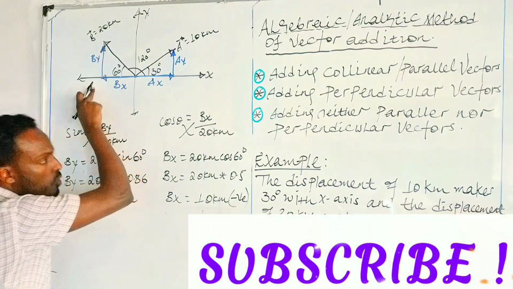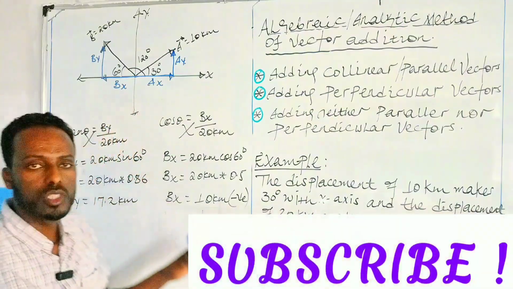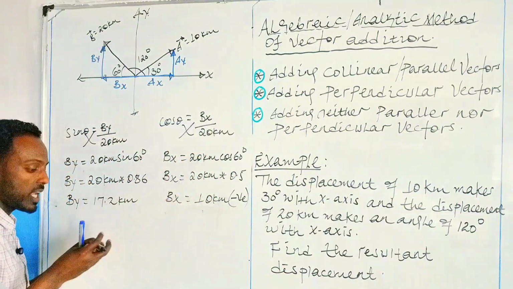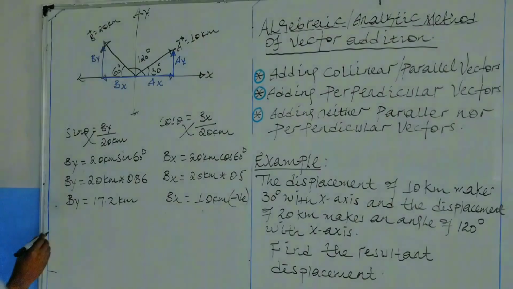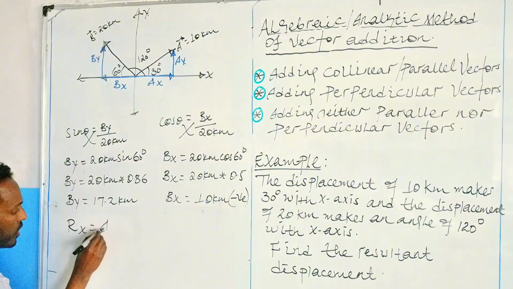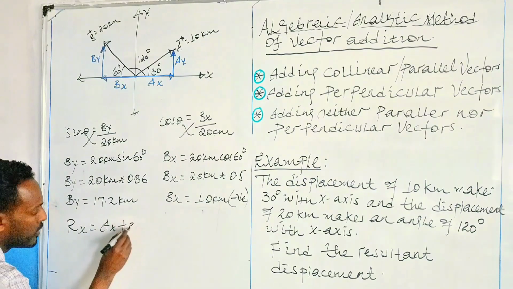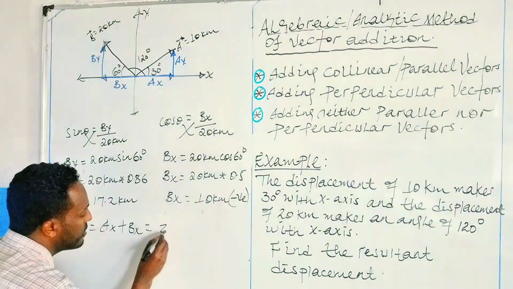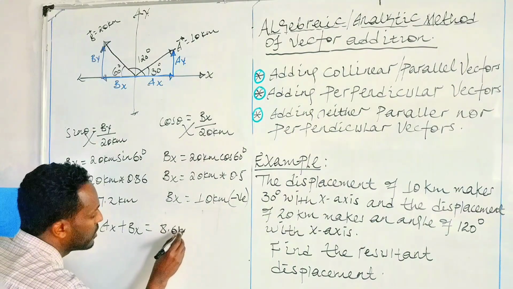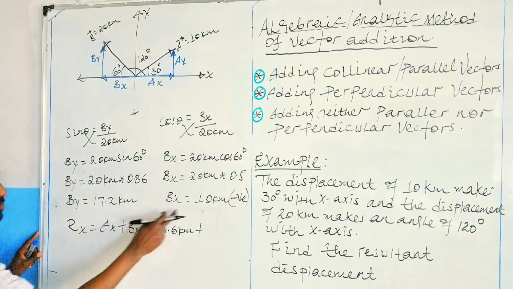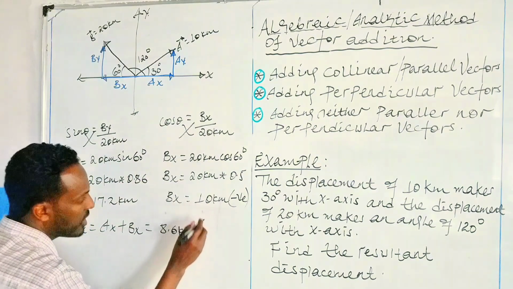So when you sum up all the vectors acting along x, we have to put a minus for this one. So the resultant vector along x is equal to Ax plus Bx, where Ax is 8.6 kilometer plus Bx, which is minus 10 kilometer.